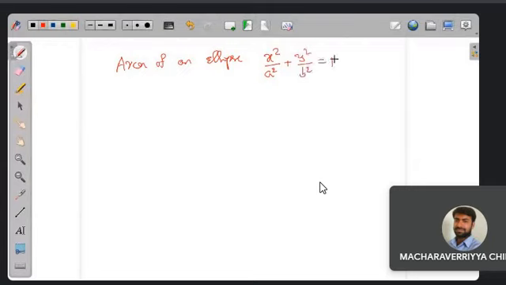So the question is to find the area of an ellipse. How many of you know the area of this kind of ellipse? What is the formula? Without searching, you tell me. Don't Google it. If you know, frankly tell me. Otherwise, don't reply.